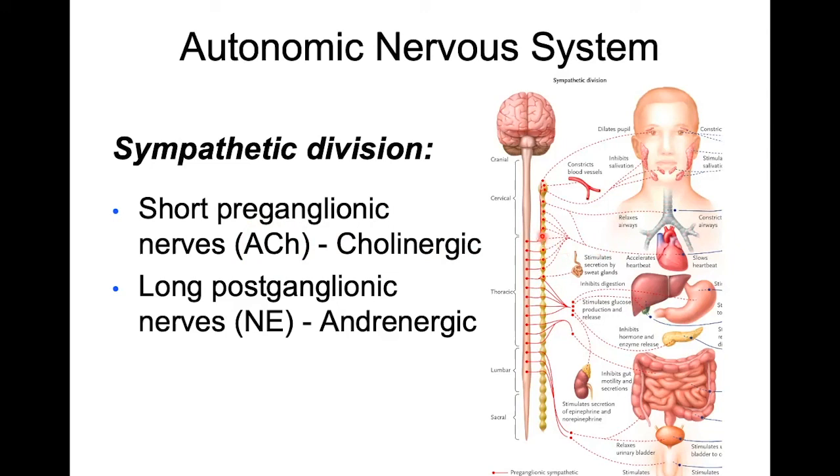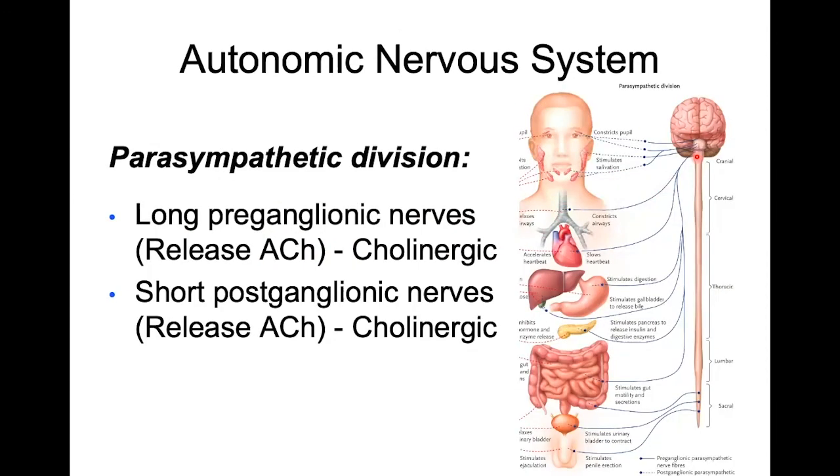So at this site here, acetylcholine will be the neurotransmitter that is utilized. Similarly, looking at the parasympathetic division, acetylcholine will also be the neurotransmitter transmitting the signal from the pre to the post. Okay, so no differences between the two divisions in that case.